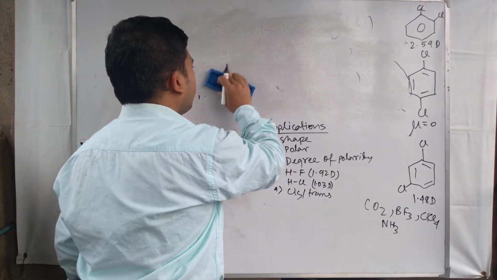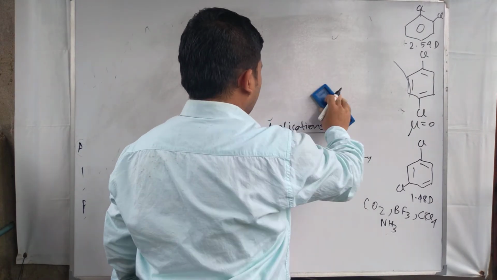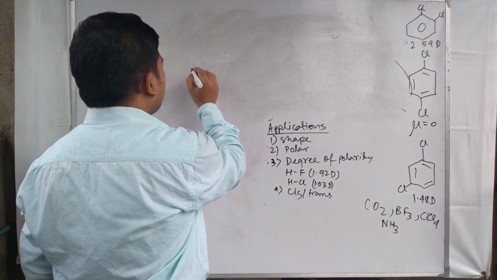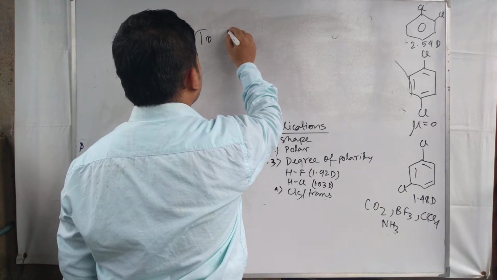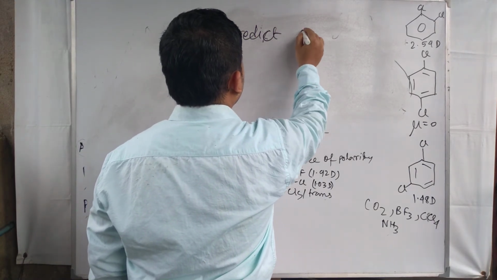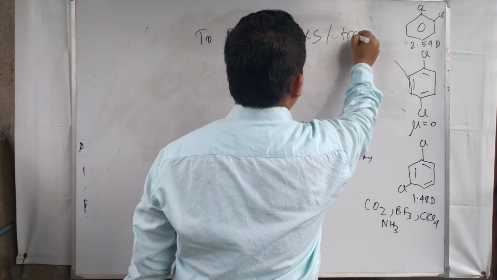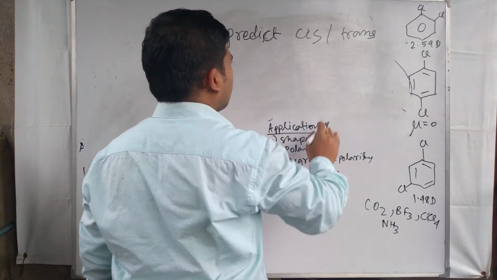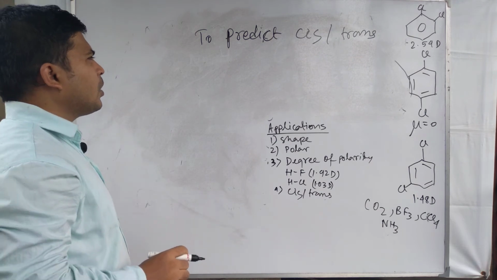Let us see our next application of dipole moment. The next application of dipole moment is to find or to predict cis and trans isomers.